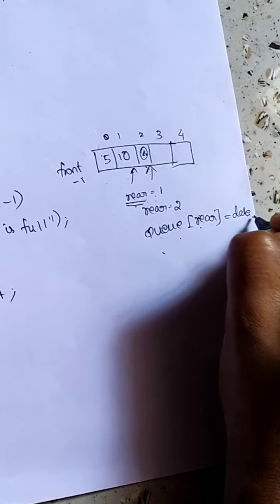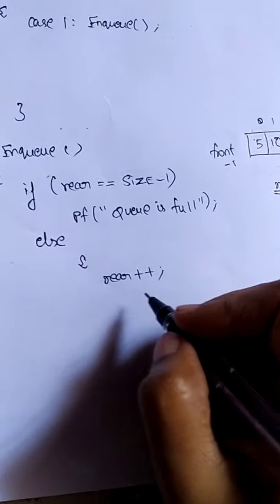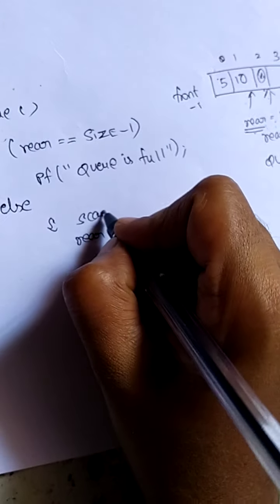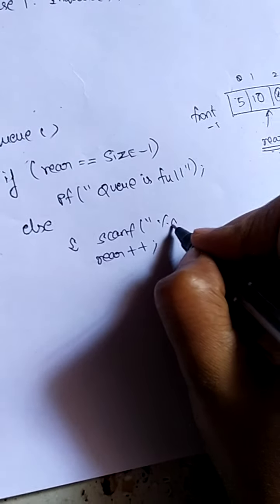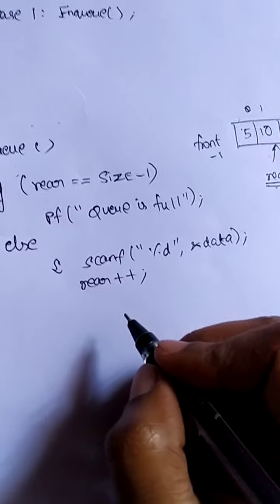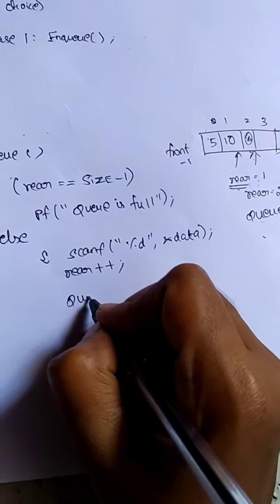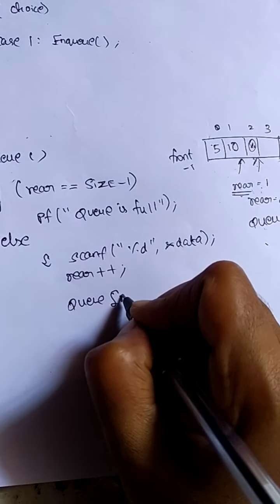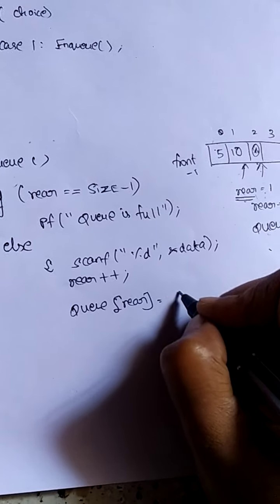Get the data in scanf using ampersand data, and put it in q of rear.